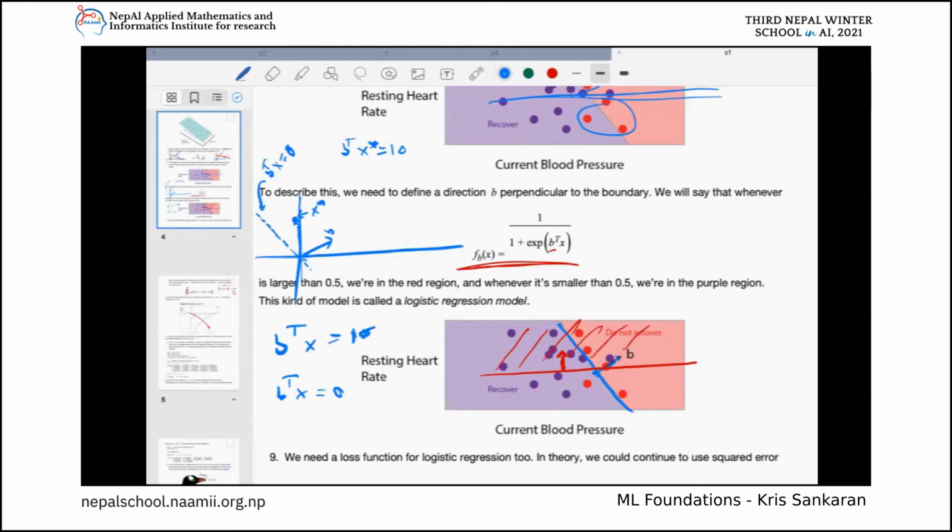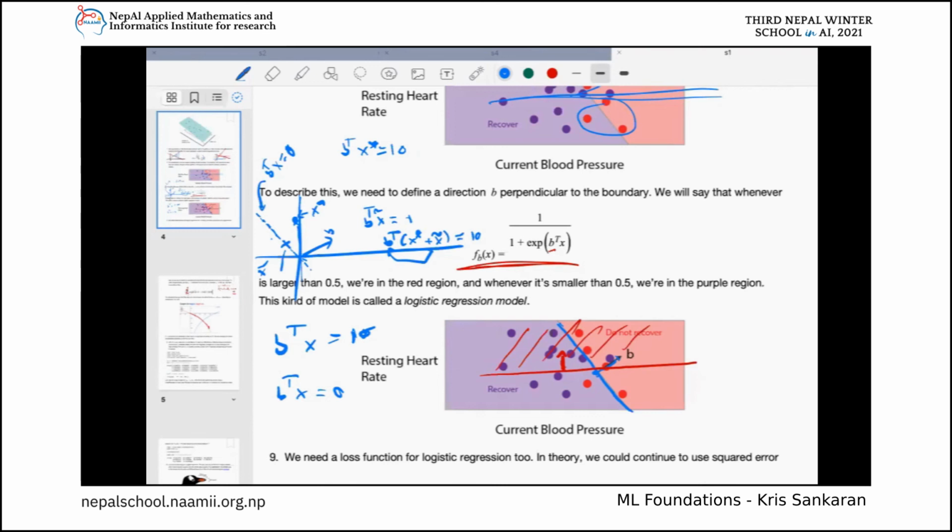Why is it still going to be 10? Imagine this point here is X tilde. So we know that B transpose X tilde is 0. So if I do B transpose of X star plus X tilde, that's still going to be 10. The reason is that the contribution B transpose X tilde is 0, because any point along the dotted line had to be 0 by the orthogonality point.